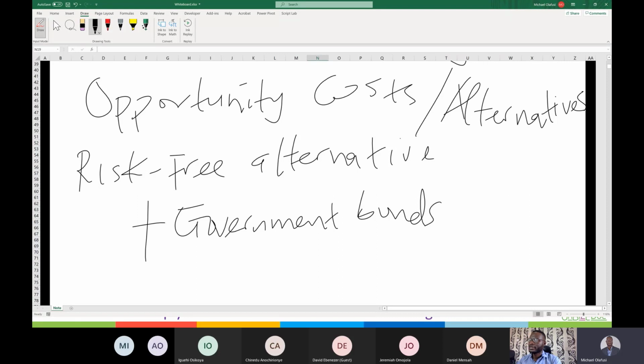For a project that is going to be a 10-year project, you could take the comparable or a risk-free alternative to be the 10-year bond, okay? So if I can get 10%, right? This is 10% that you as a company or as a person, you can forget about the money when you put it there and you go about your life. You know, your blood pressure is not going to be going up and down, right? So that is why we call it risk-free rate, okay?